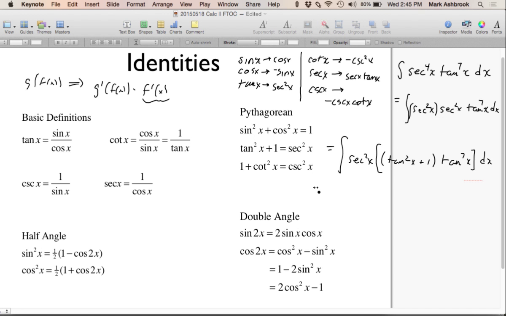And I'll have secant squared tangent to the 9th plus secant squared tangent to the 7th. And now look, I've got secant squared times tangent to a power, undoing the chain rule. And I've got secant squared times tangent to another power, undoing the chain rule.